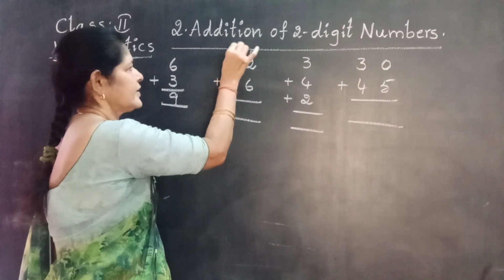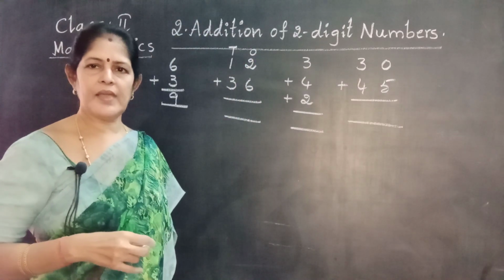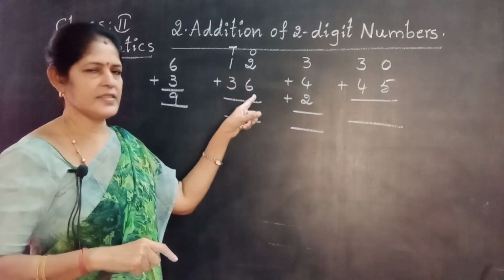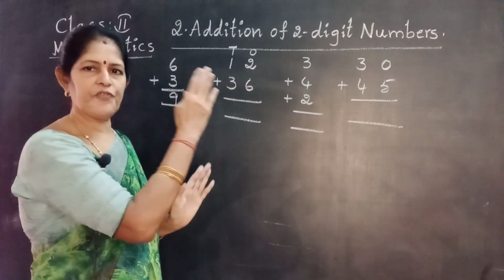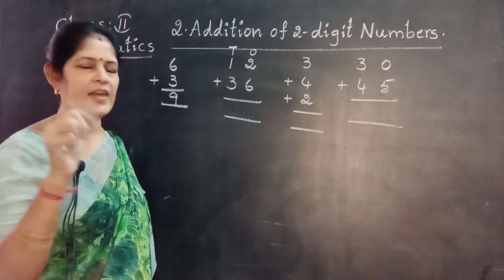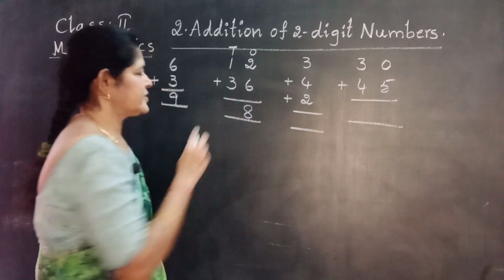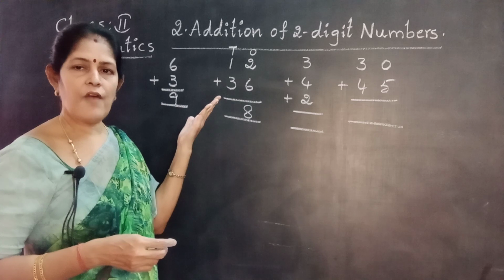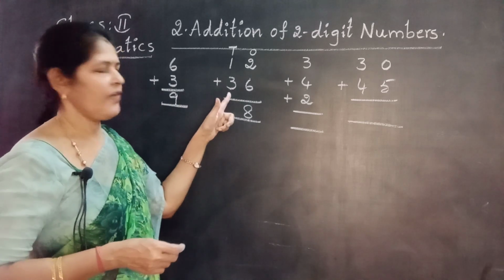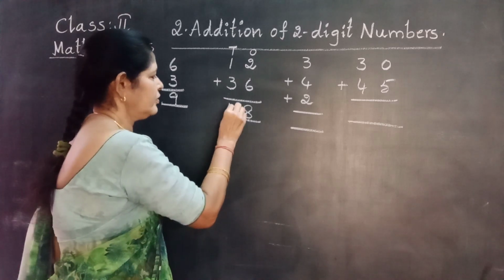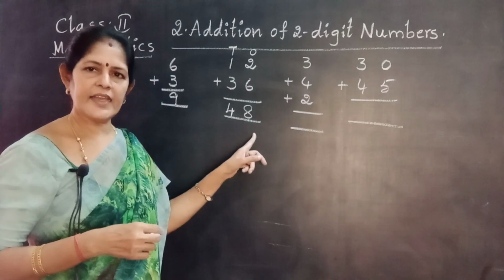Two-digit means the number having two places, ones place and tens place. Start addition from the ones place. Take 2 fingers, 6 after: 7, 8. Write 8 in the ones place. Now adding tens, 1 plus 3. The given number is 3, 3 after is 4. Now the total is 48.